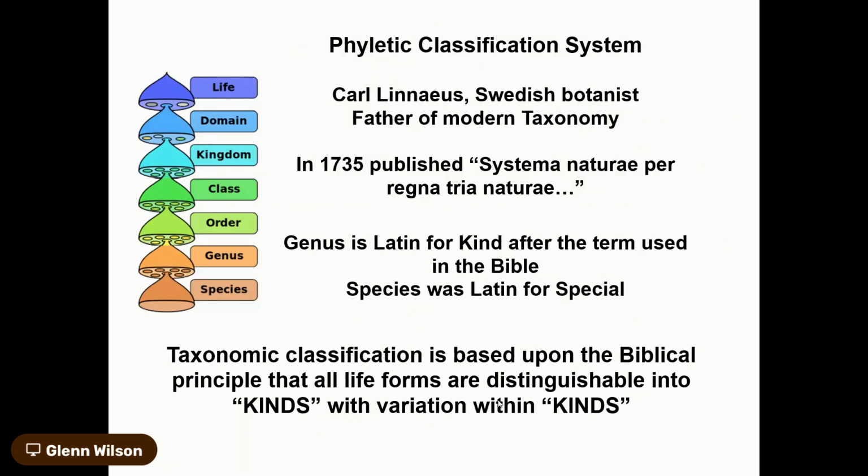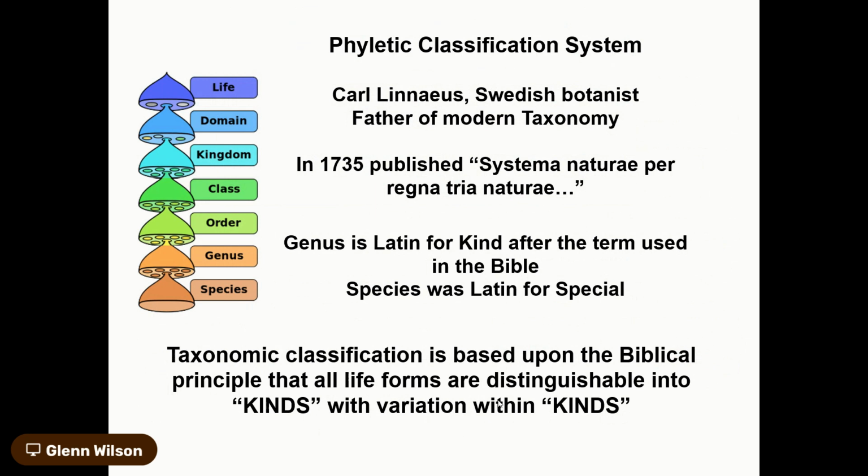We've talked about this before. We as humans try to classify these, and this system of phyletic classification was developed by a Christian, Carl Linné or Carl von Linné, who was a botanist, and he's considered the father of modern taxonomy.